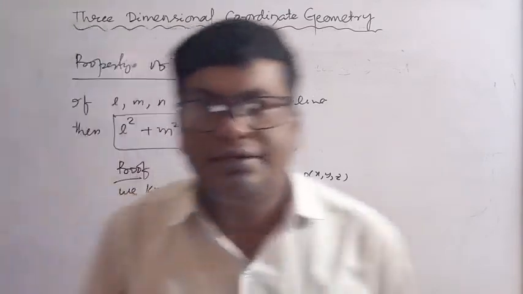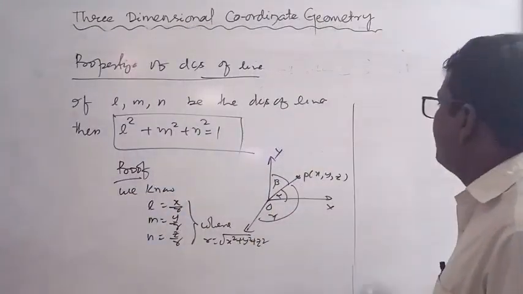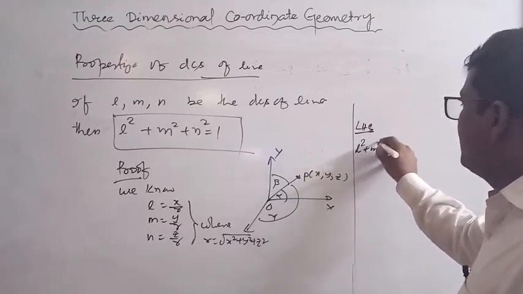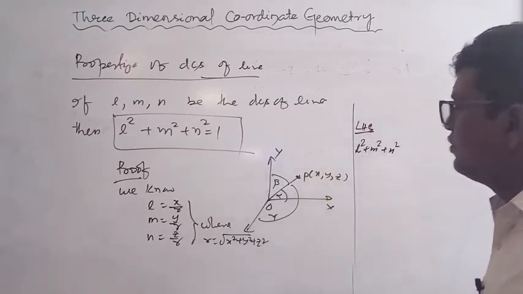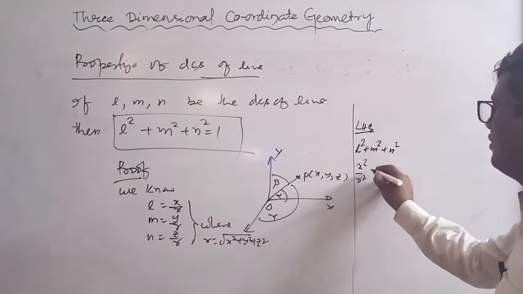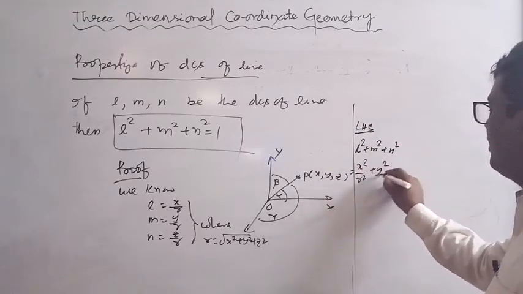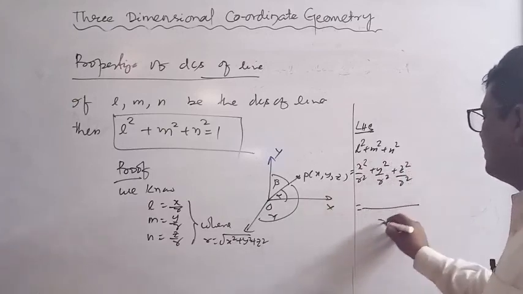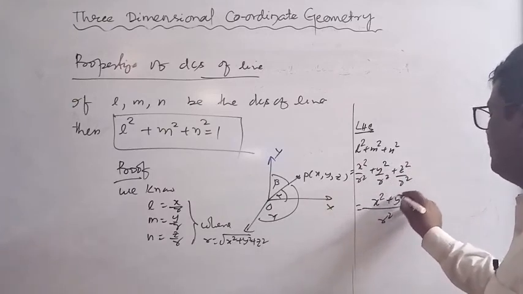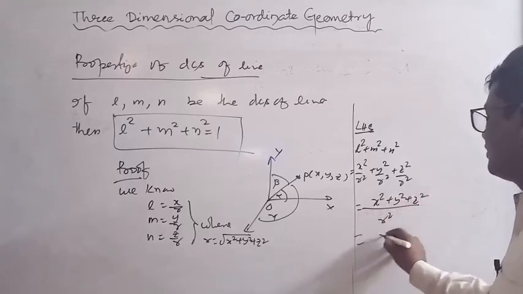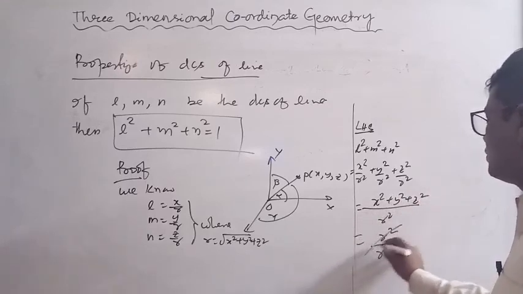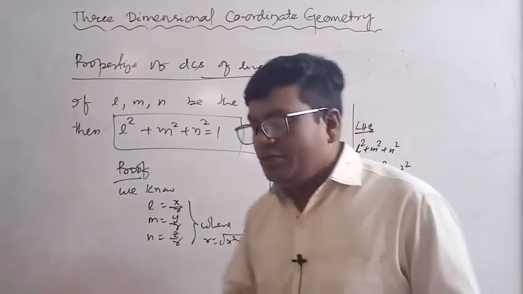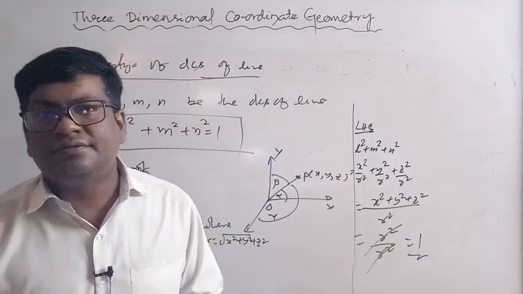Now the left hand side, L square plus M square plus N square, is x square by r square plus y square by r square plus z square by r square. So r square by r square cancels, and this is 1. Okay, this is the property of the DCs.